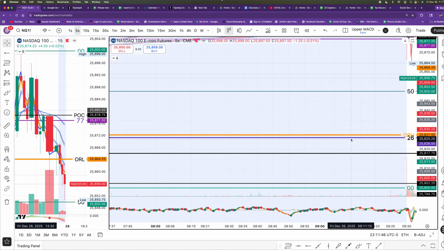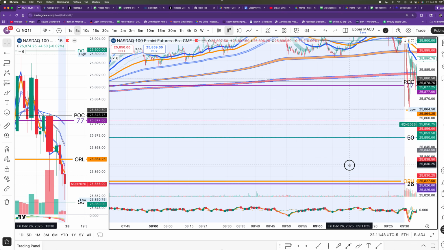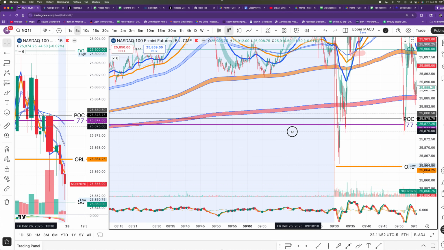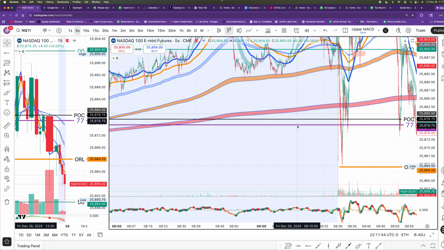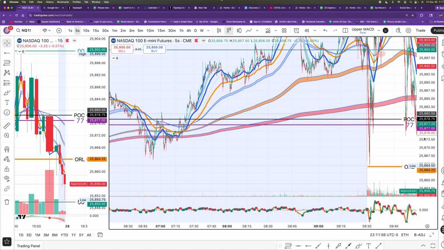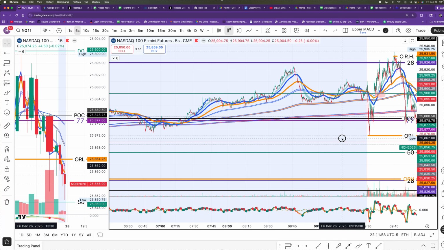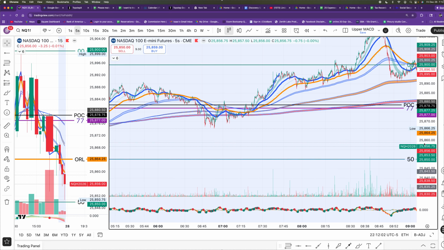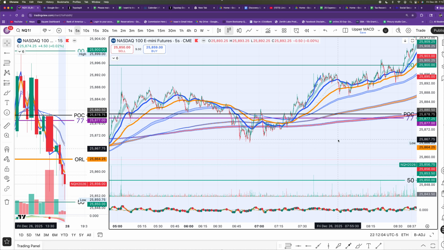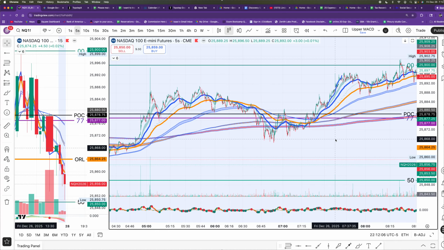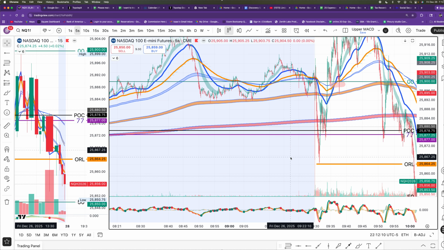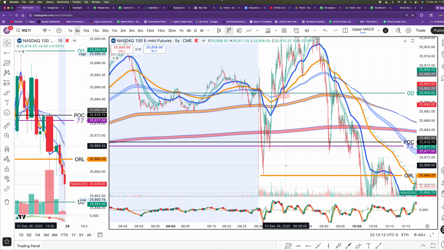I have the 26, which is marked in purple here, the 50, which is marked in green, and the 77, which is marked in a slightly darker shade of purple. Those 4 quadrants are always on my chart. They're always areas where you're going to see some support and resistance, especially in conjunction with other diagonal or horizontal support and resistance levels.